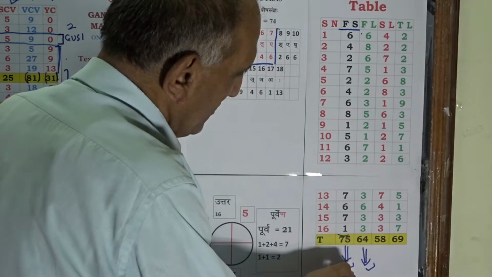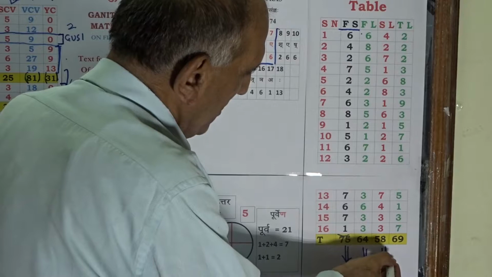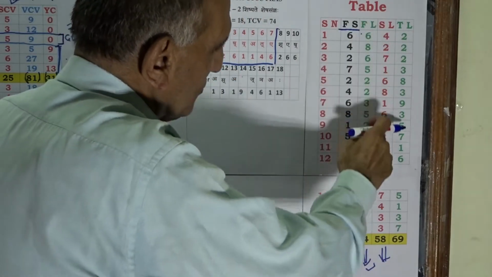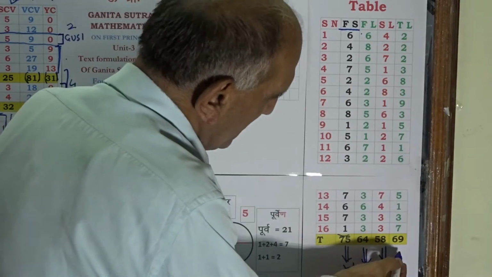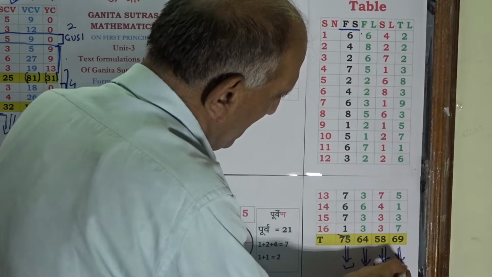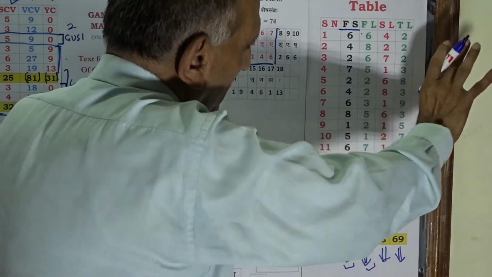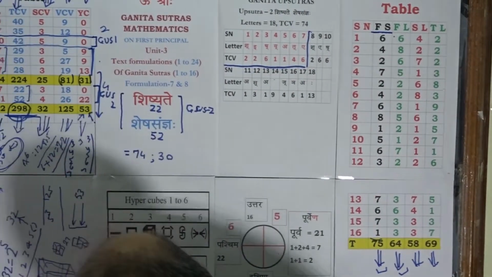The second letter will lead us to value 58. So the second letter of sutras 1 to 16 will lead us to value 58, and the third letter will lead us to value 69. We are for the present stopping here, but otherwise we have to take up till the last letter of the text of these sutras.